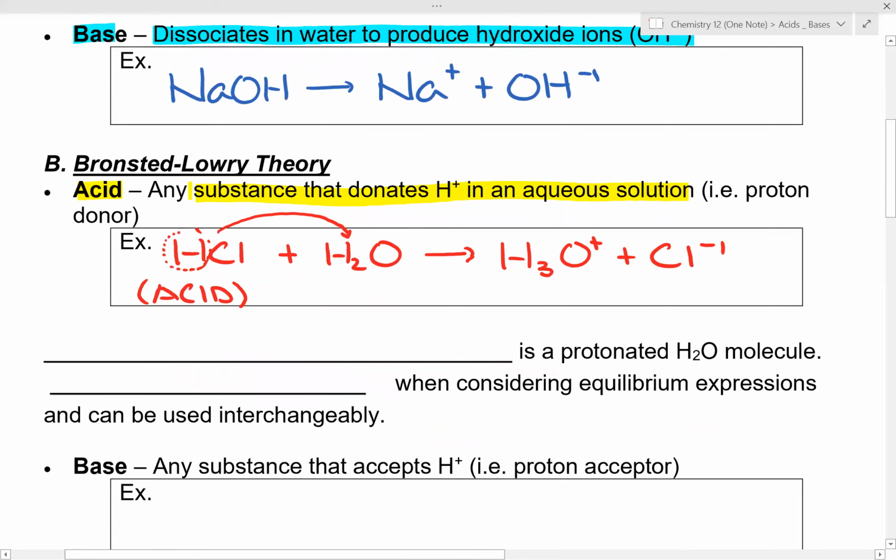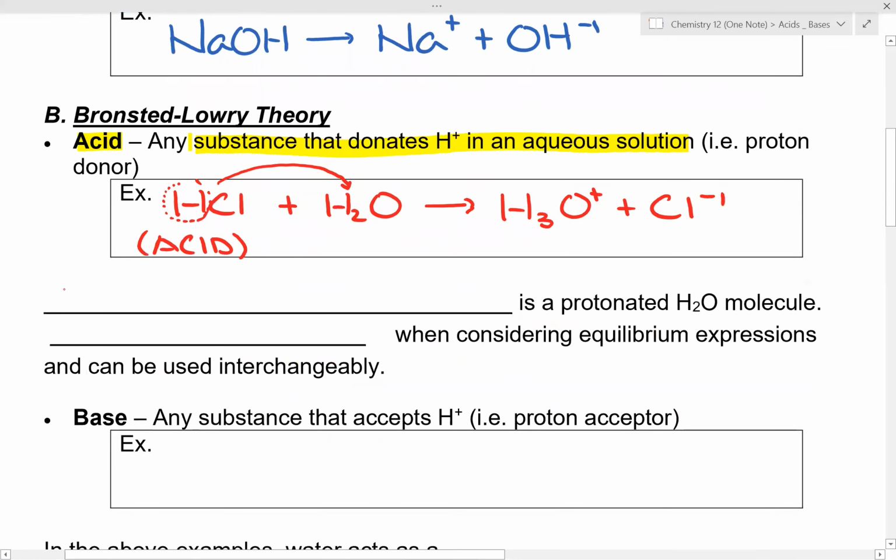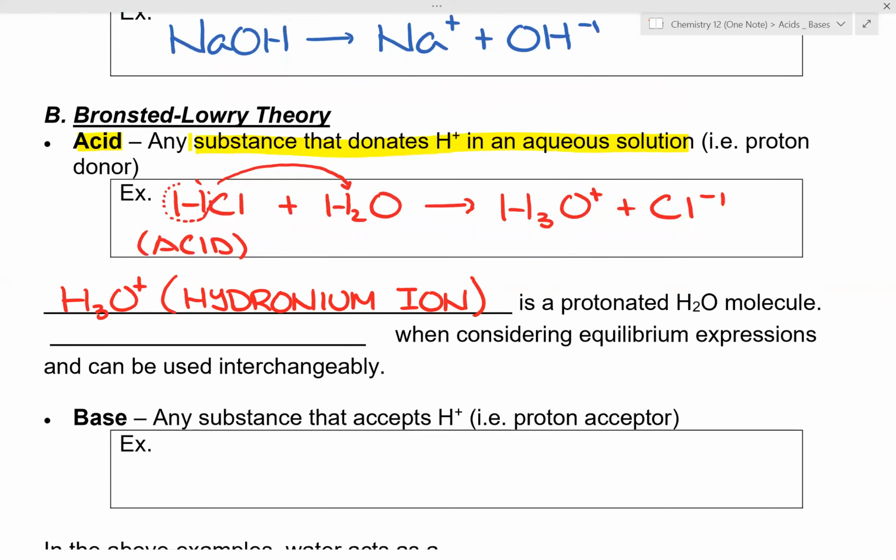The answer is no. H3O plus is called a hydronium ion, and this is a protonated water molecule, meaning it just has an extra proton.